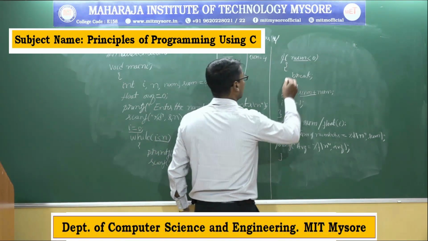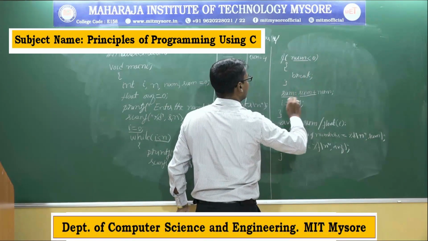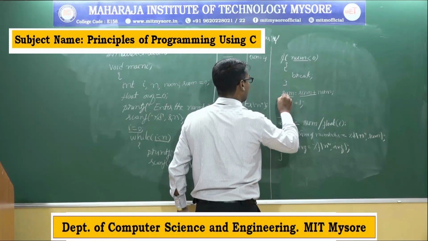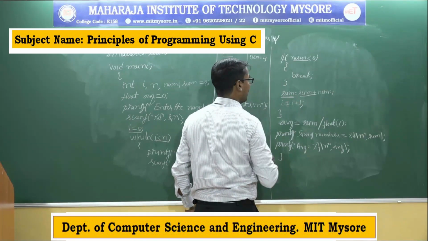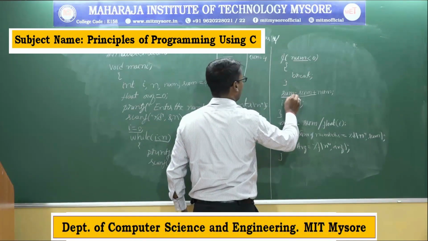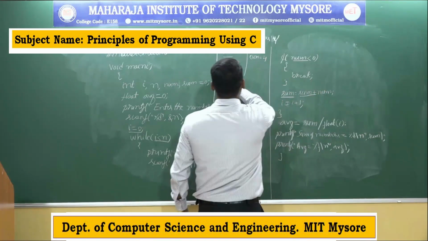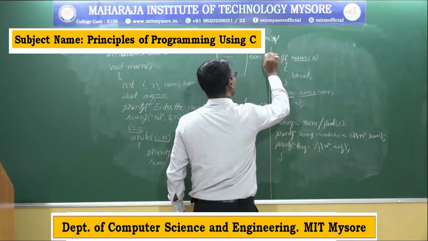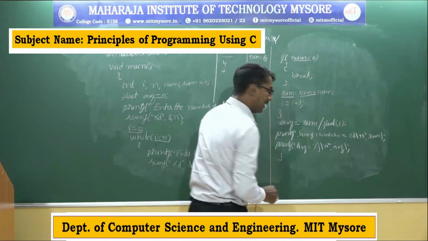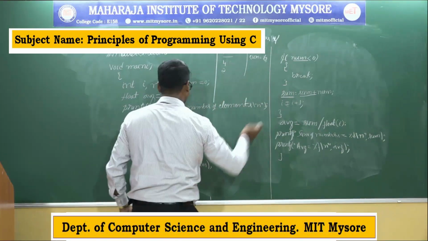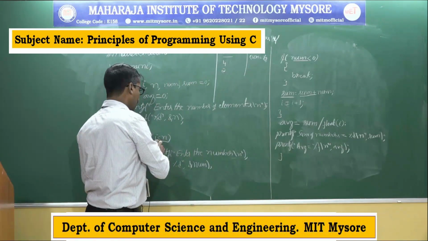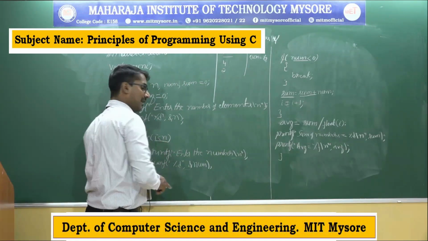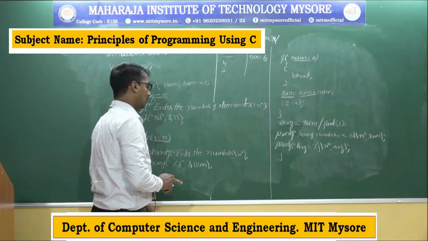So it will go to the statement sum = sum + num. The previous sum value is 4 and the current value of num is 2, so 4 plus 2 is 6. Now 6 is the sum value. Now the i value is incremented by 1, so i is 2. 2 < 5.